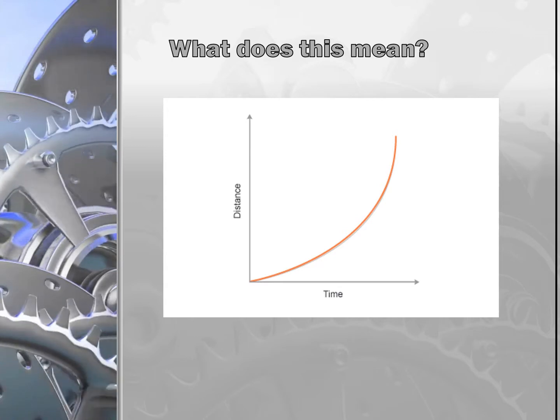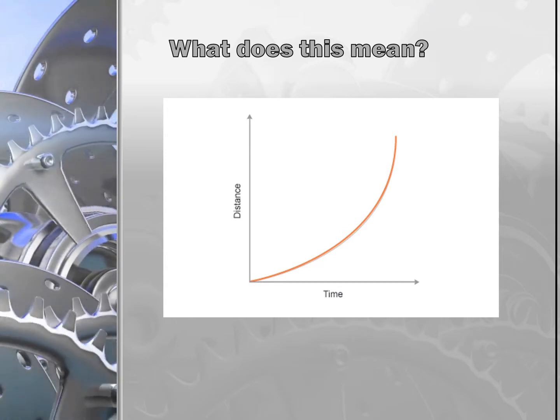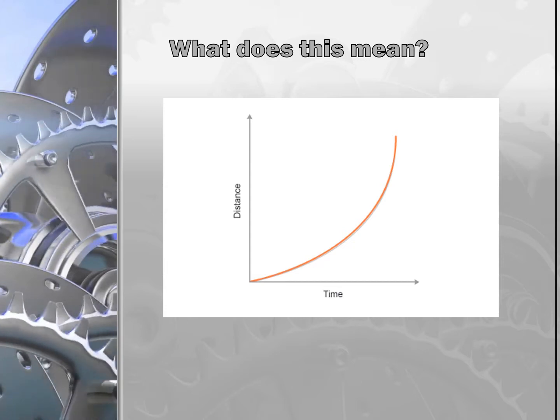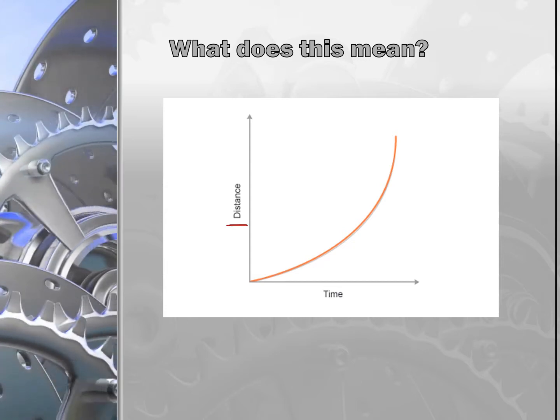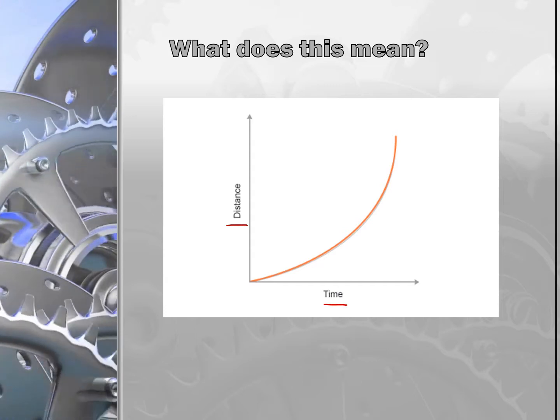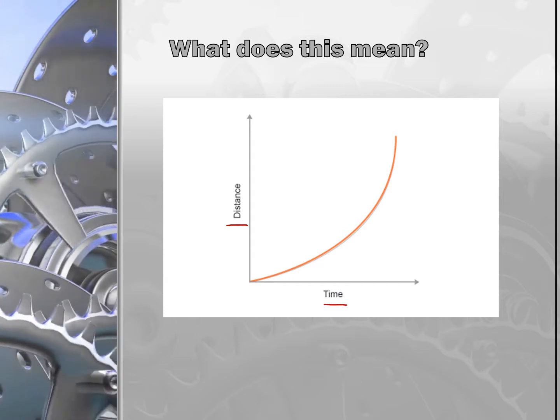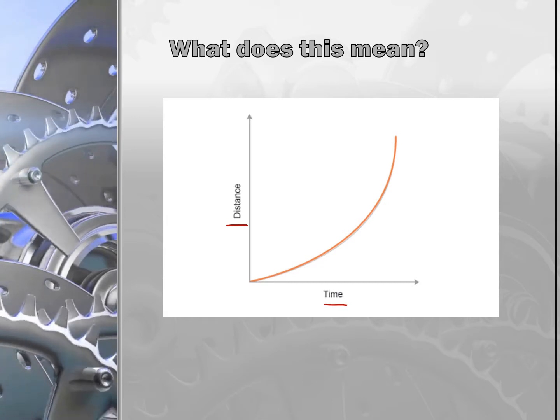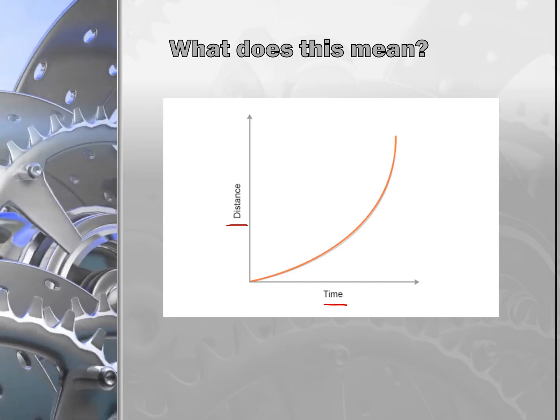Right, now we looked at one of these graphs in our last motion video. So this of course is a distance time graph. Distance given on the y-axis, time given on the x-axis. Now this line shows that the distance is increasing. The object is getting further and further away from 0 as time passes.